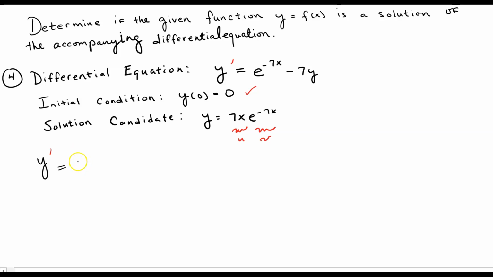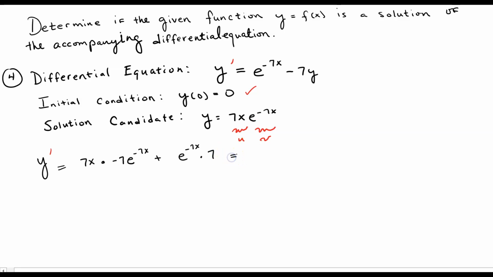So what do we get? u v prime: we have 7x times e to the negative 7x, so we multiply by negative 7e to the negative 7x, that's u v prime, plus v u prime: e to the negative 7x times 7.